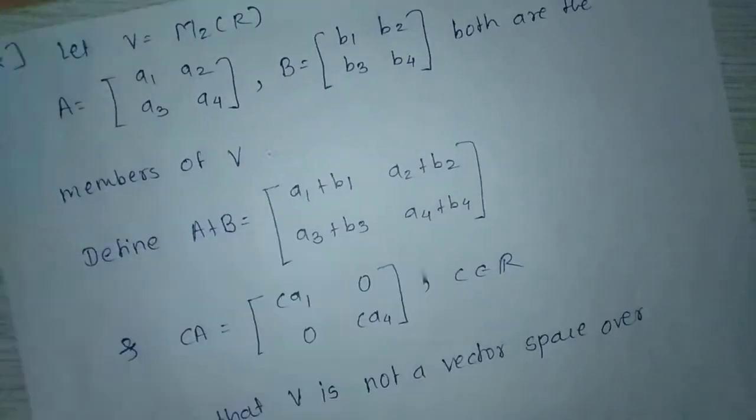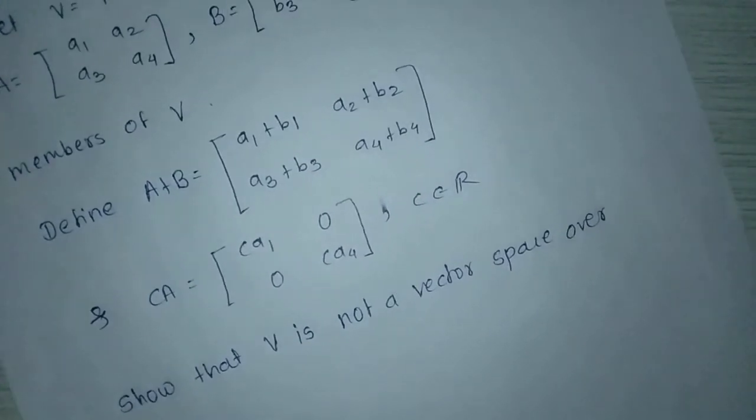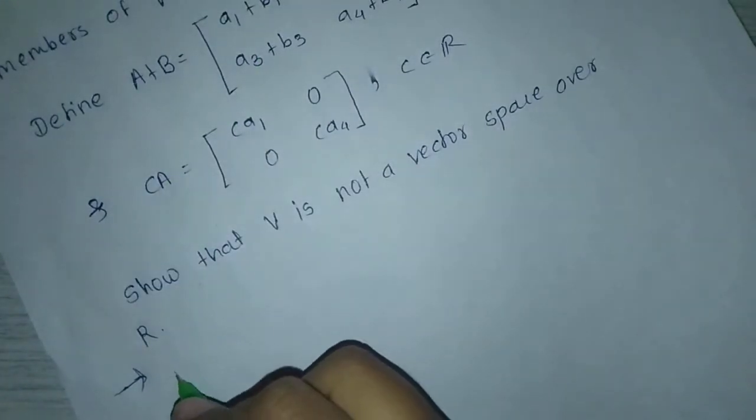So properties first, second, third, fourth, fifth are satisfied because addition is usual addition.